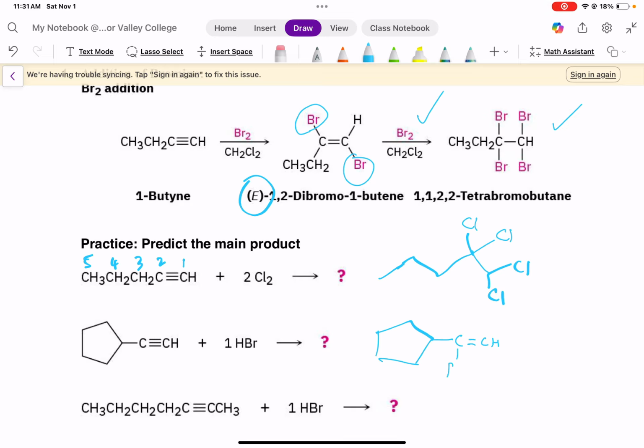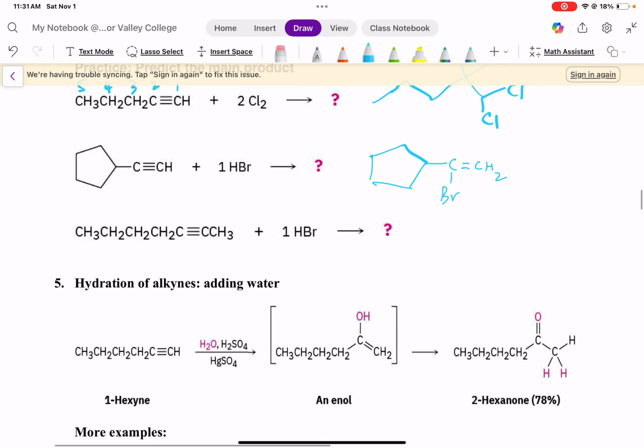So the Br is going to go in here, and then the hydrogen is going to go out there. Here's another Markovnikov. You got the H going there, and the Br is going to go there. So you got 1, 2, 3, 4, 5, 6, 7. So 2, okay, and then 3 got the Br, and you still have a double bond.